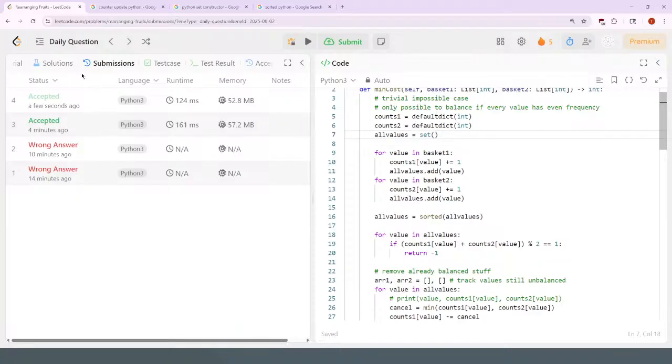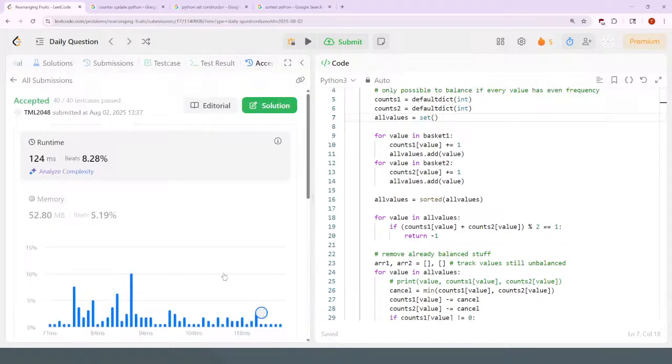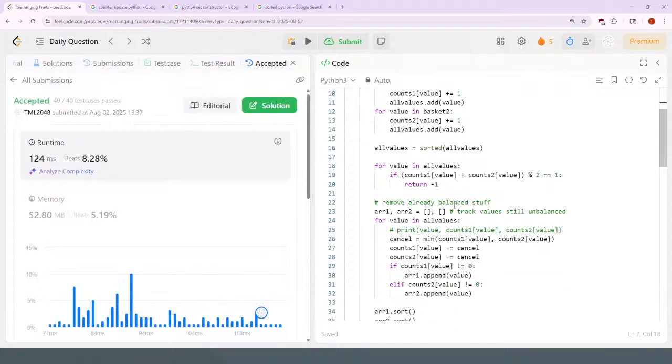It's like 30% improvement. Even if it didn't really change where my solution is on the distribution.